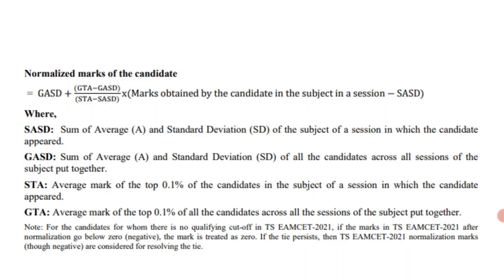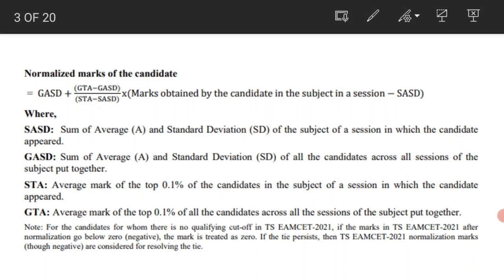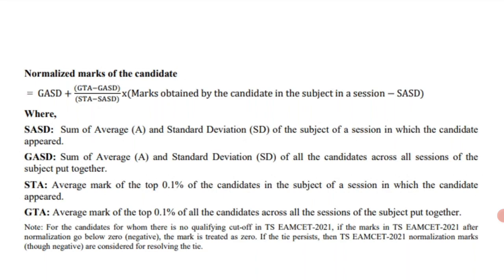The maximum marks that can be added this year, we are thinking, is 3 to 4 marks. So 3 or 4 marks will be added, or the minimum is 1, so the range is 1 to 4. Sometimes it may decrease or increase depending on the difficulty level and how the TS Eamcet authorities are going to calculate.